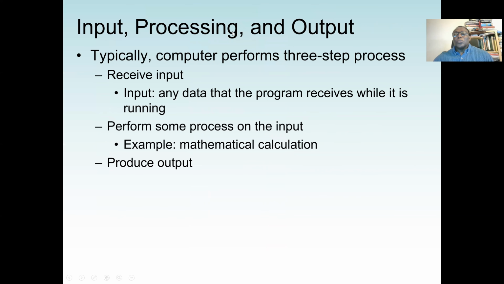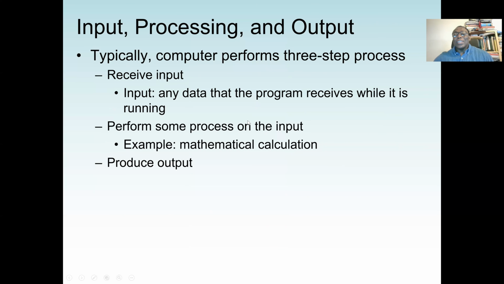So that's input, processing, and output. And we say typically a computer performs these three steps, unless maybe we are using a conditional statement or some other method to direct or change the flow of the program. But normally, a computer, first of all, needs an input. It processes the input, then it gives us an output.